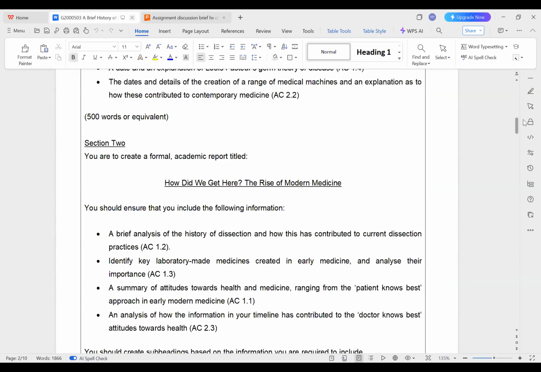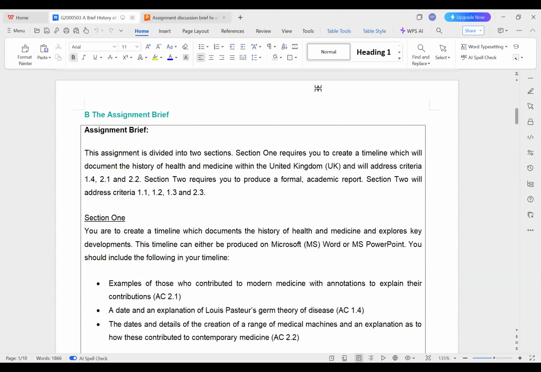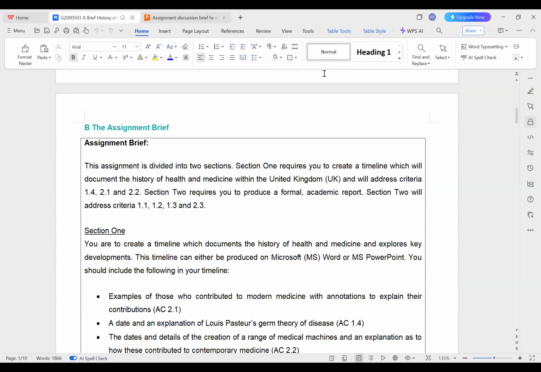Any questions? Coming towards the dates for this assignment submission: we have discussed this assignment on Saturday the 18th of January.